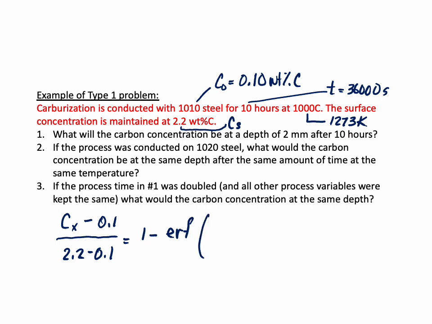And when I get to the end of my problem description, I see that depth is 2 millimeters, so x is 0.002, over 2 times the square root of D times time t. And I'm going to have to calculate D.